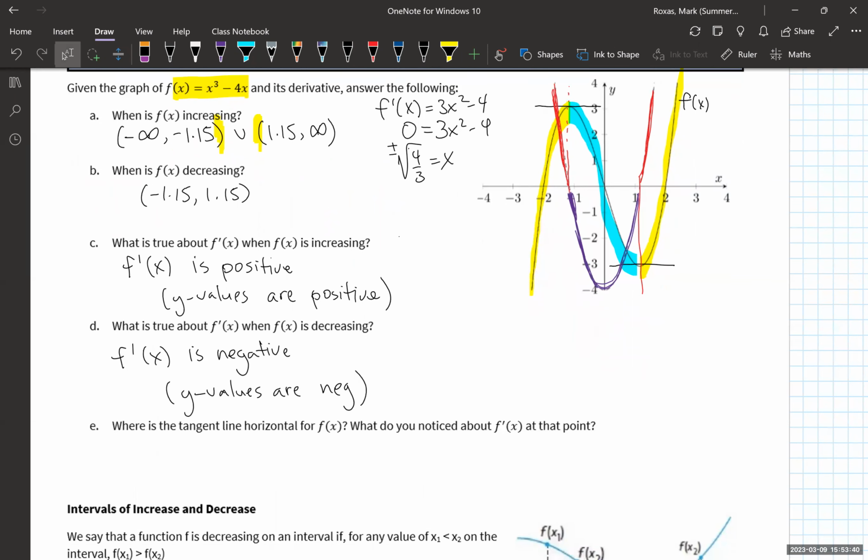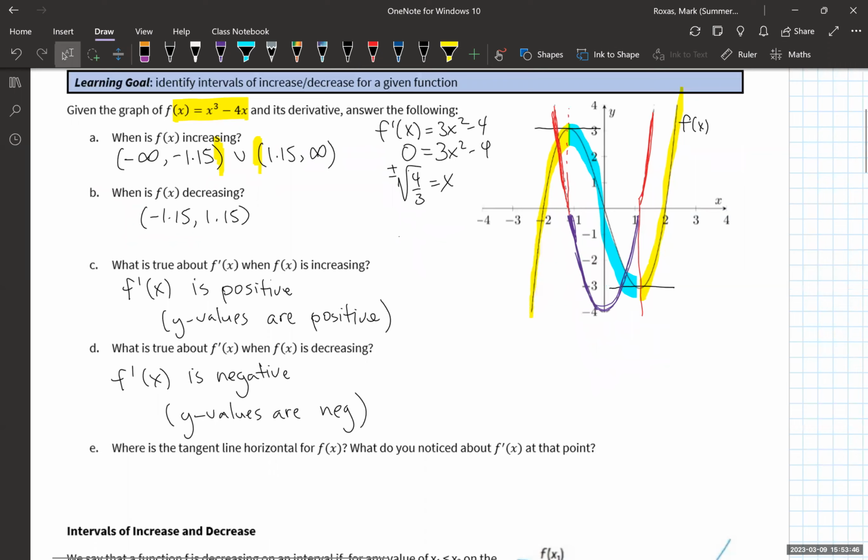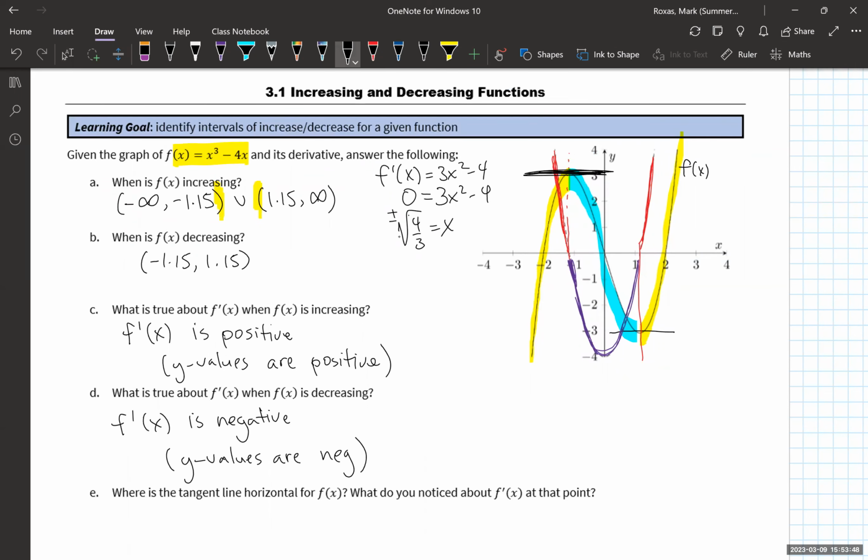Where is the tangent line horizontal for f(x)? What do you notice about f'(x) at this point? I've established that the horizontal lines are where the slope is 0. We can see that f'(x) at those two particular points, right here and here, is equal to 0.